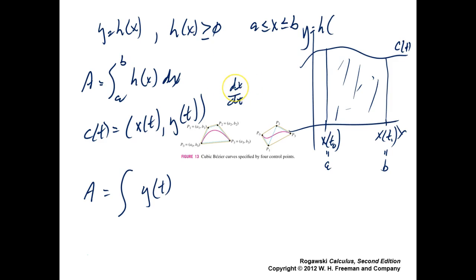This seems bizarre, but it's really what they're doing here. That dx is equal to dx dt dt. At least it looks like that kind of makes sense. What is dx dt? This is your x prime of t. So your h of x was the same as your y.